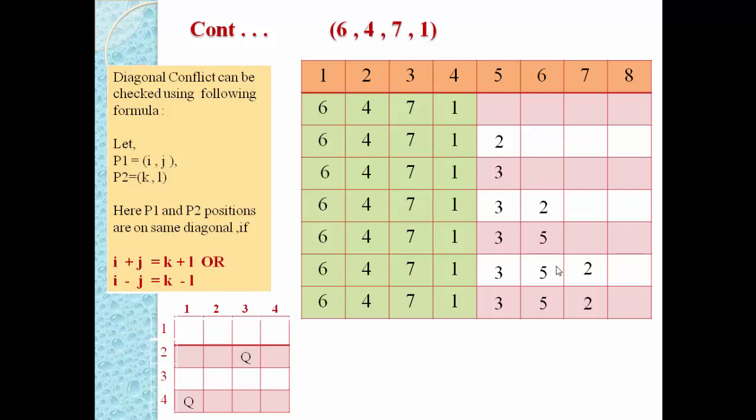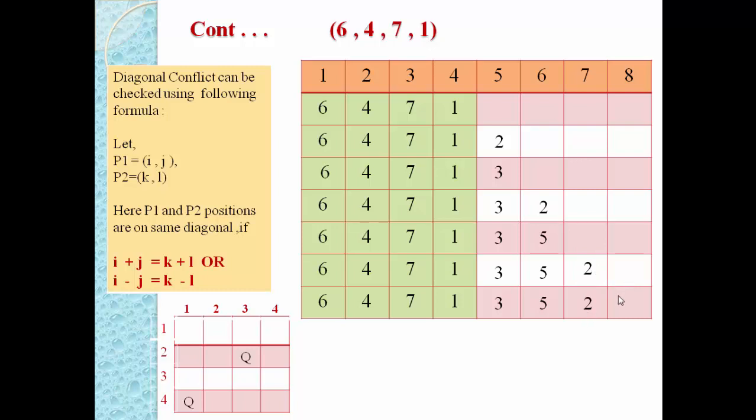No queen has an addition of row and column equal to 9. Another condition, 7 minus 2 is equal to 5. Is there any queen out of these 6 queens which has a row minus column equal to 5? Just check. No queen has a row minus column equal to 5. So it means that we can place our 7th queen on 7th row, 2nd column.